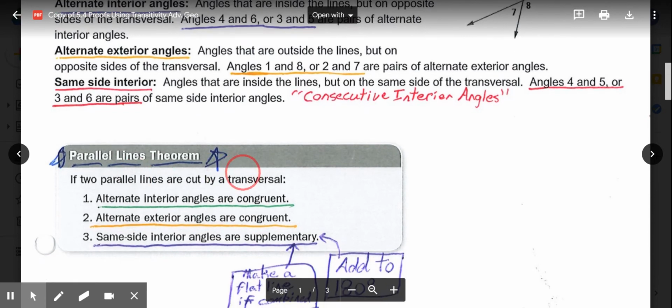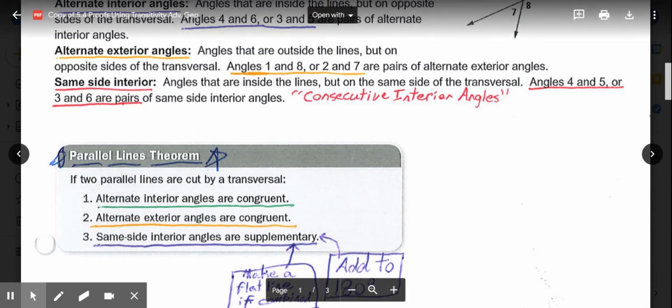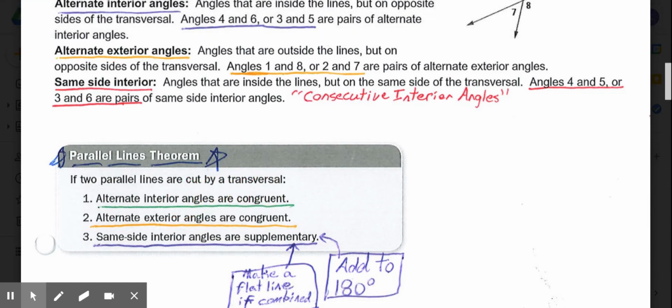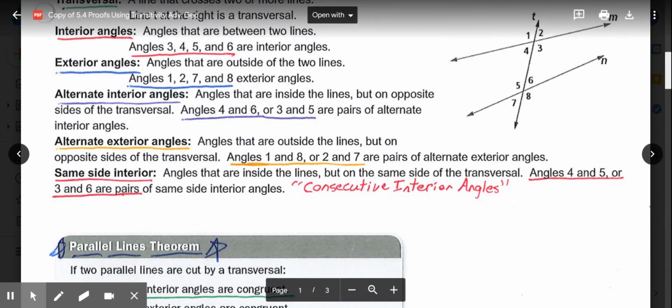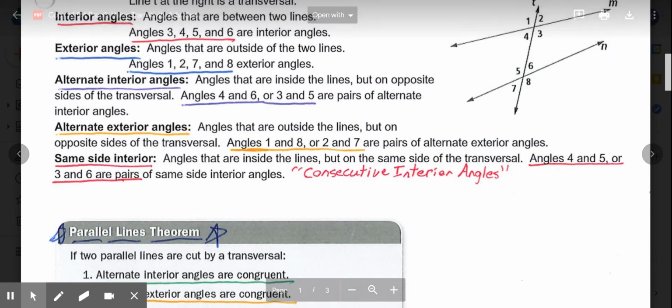If parallel lines are cut by a transversal, any pair of alternate interior angles are congruent. So if M and N were parallel, 4 and 6 are congruent, 3 and 5 are congruent. Any pair of alternate exterior angles are congruent.